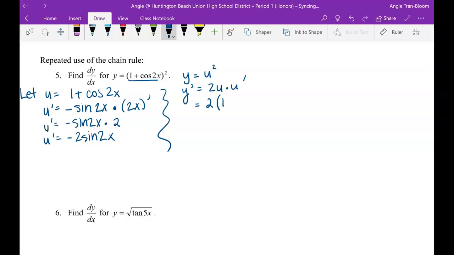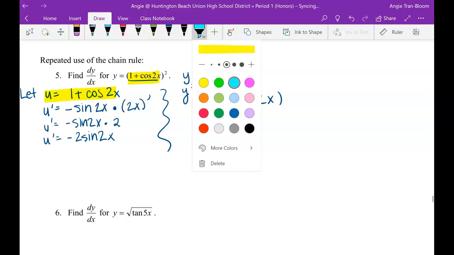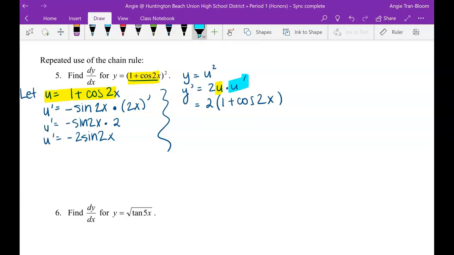Well, u is simply 1 plus cosine of 2x. That came from this right here, and that's in the component. Then u prime is what we had to do on our own, which is now negative 2 times sine of 2x, okay?